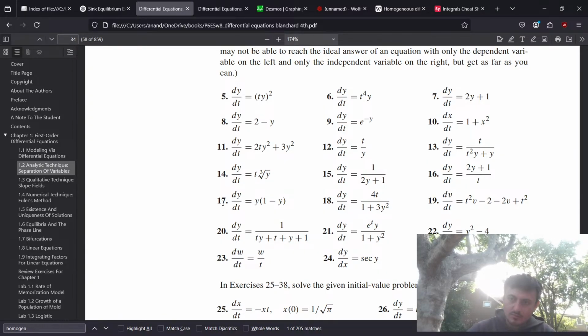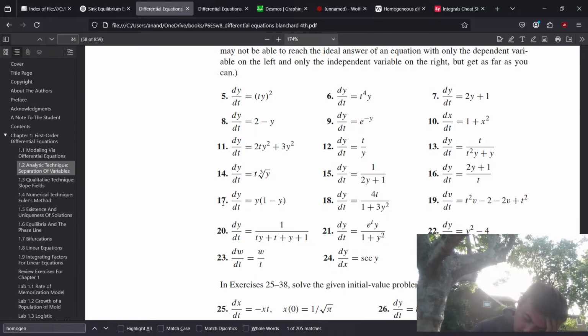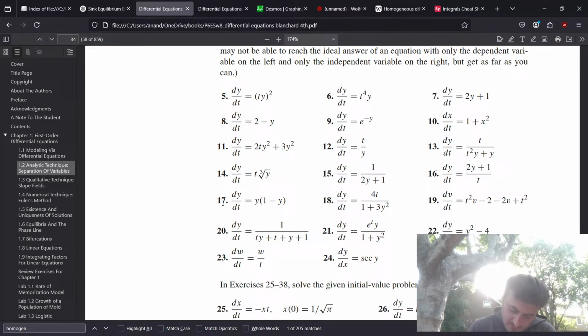Like this one, 1 plus x squared. So we have dx dt is equal to 1 plus x squared. In this case, the rule is that arctan of x is going to be equal to t plus c. So then x is equal to tan of t plus c.